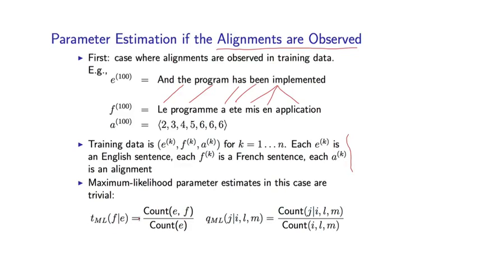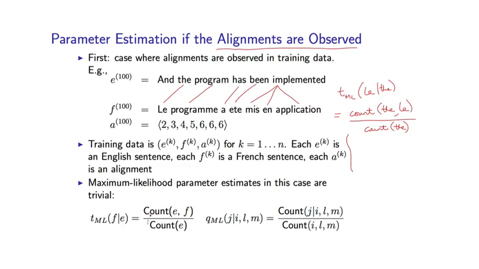So, for example, if I want to estimate the probability of le given the, I just set this as the ratio of two terms. On the numerator is the number of times that these two words are seen aligned to each other in the training data. And on the denominator, I have just the number of times I see the English word.